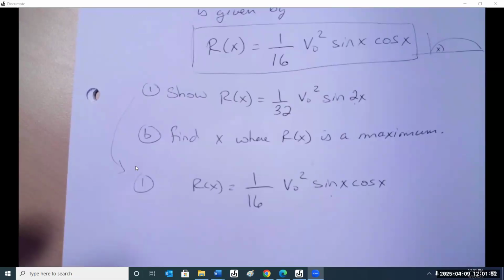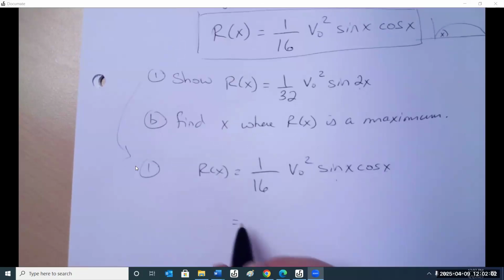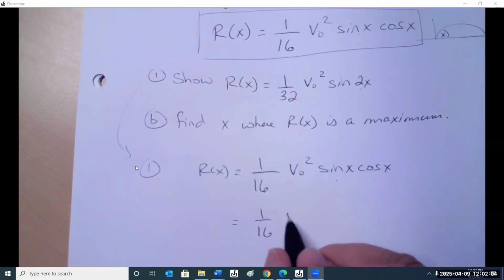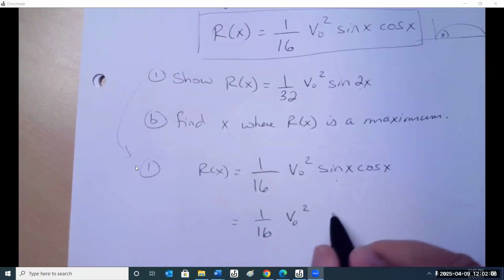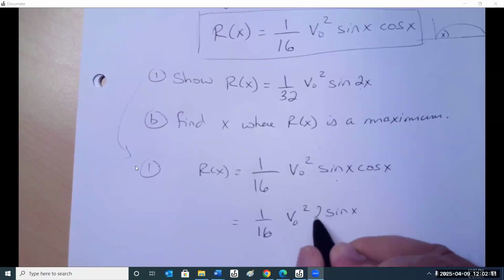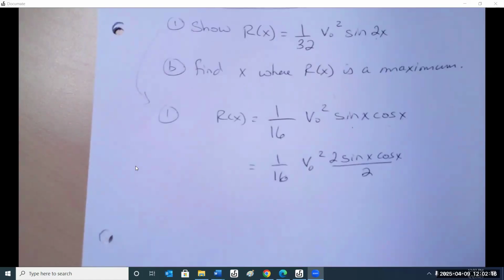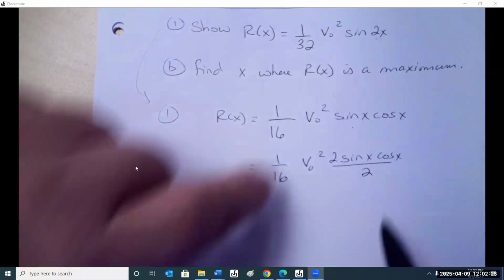Sine 2x is 2 sine x cosine x. So this would be 2 sine x cosine x over 2. We're just multiplying by 1.